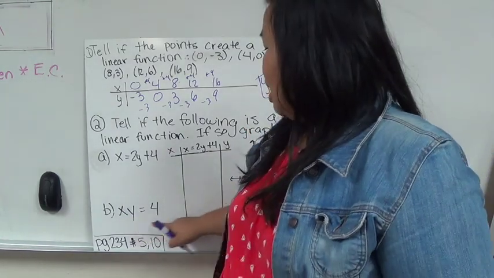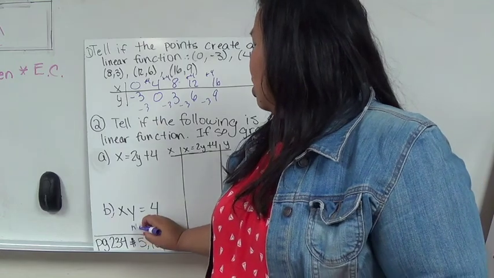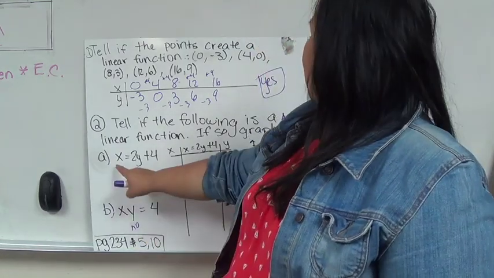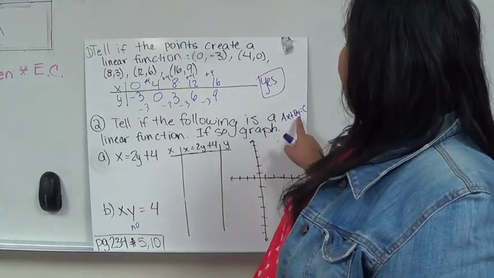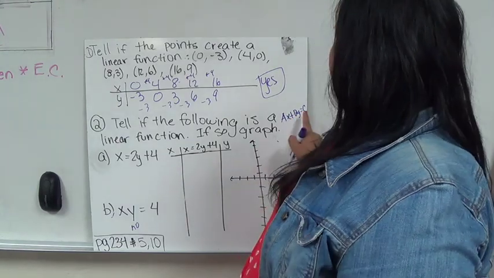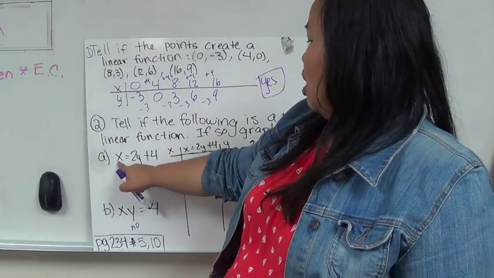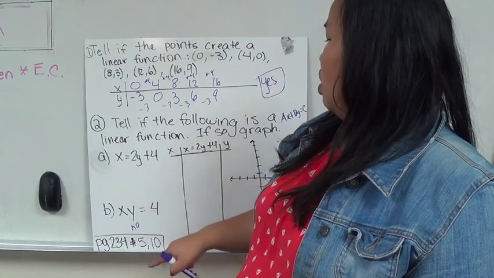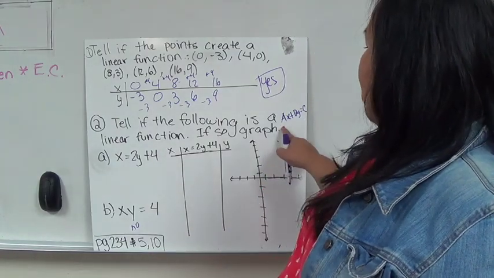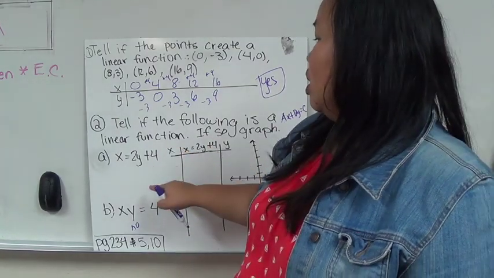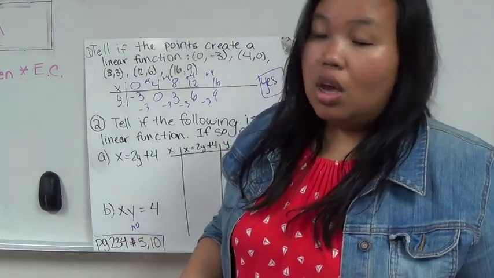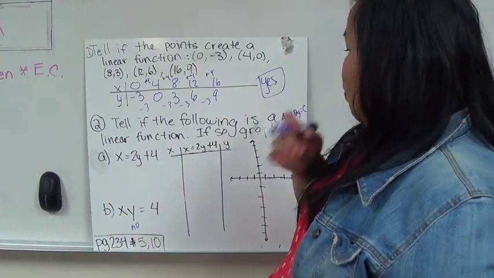So this is not a linear function. But this other one can be written in the ax plus by equals c form, I just have to rearrange it. Therefore this is indeed a linear function.